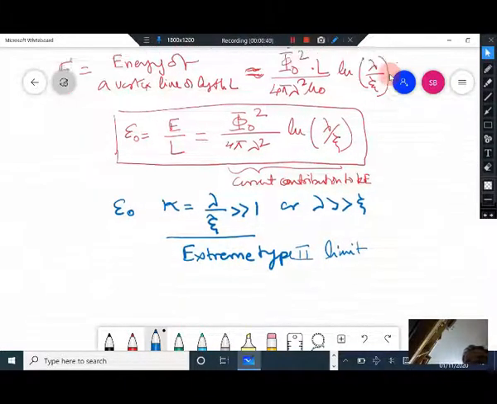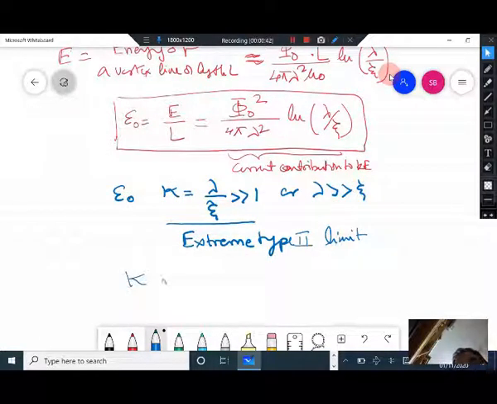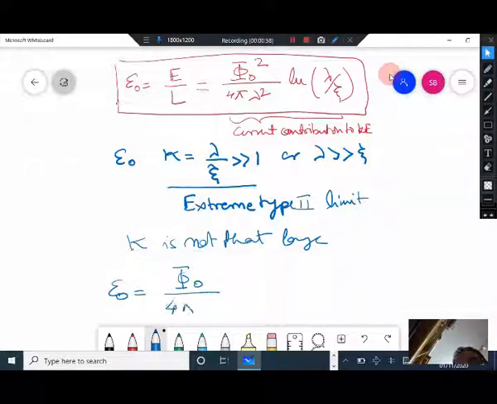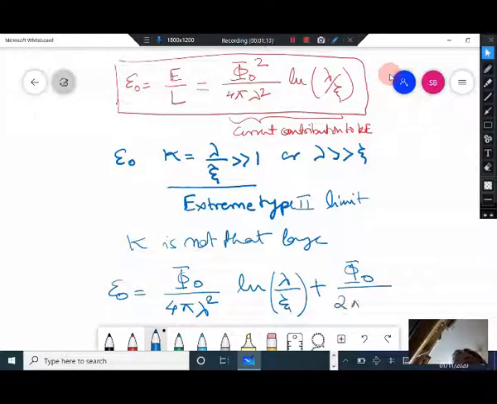However, if kappa is not that large, then epsilon naught, the energy per unit length of a vortex line, is phi naught square by 4 pi lambda square ln lambda by xi plus phi naught square by 2 pi lambda square.